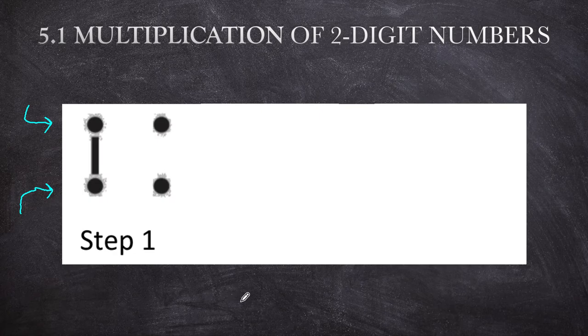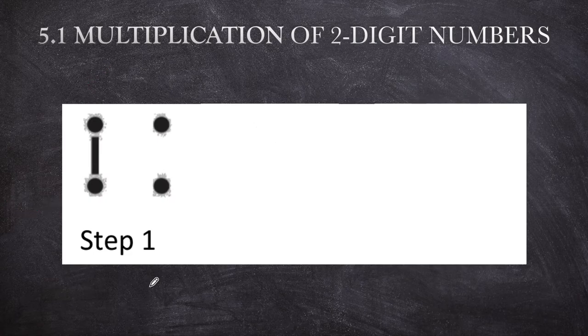Remember that one of the features of Vedic mathematics is that we can multiply from left going to right. First up, we're going to multiply the tens digit of the first factor by the tens digit of the second factor. Okay, so that's step one. So we'll multiply that straightly.